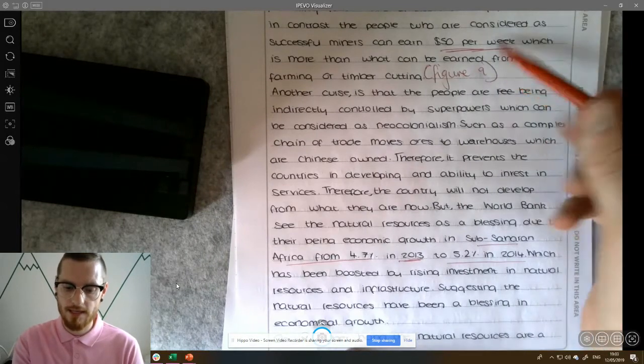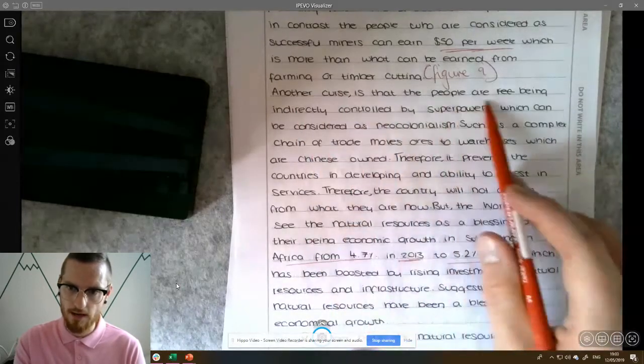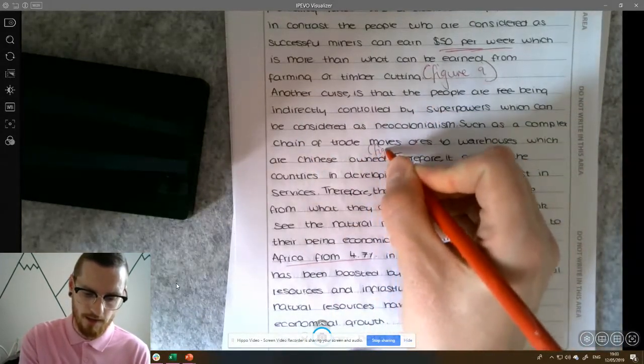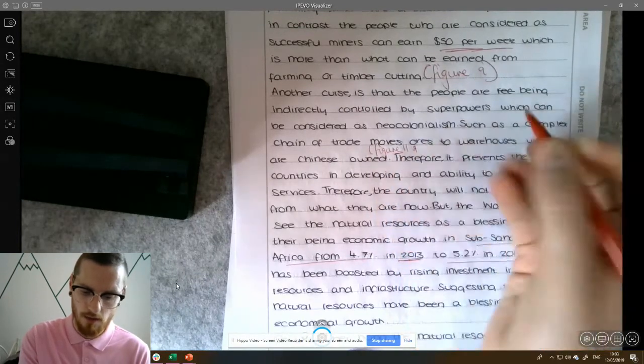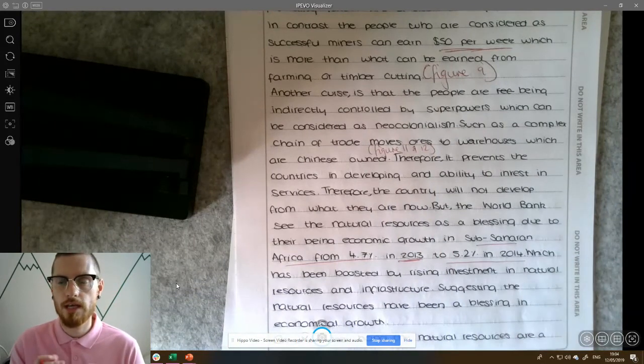For example, here, let's say this was from figure 9. Or maybe this whole point is paraphrased from figure 11 and figure 12. You can do this even at the end of the exam.